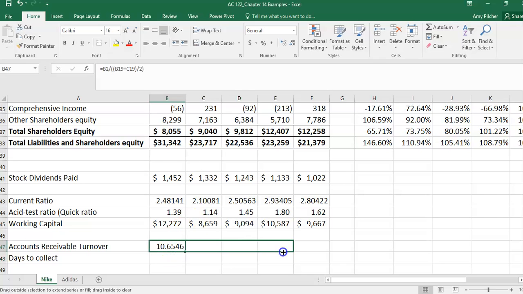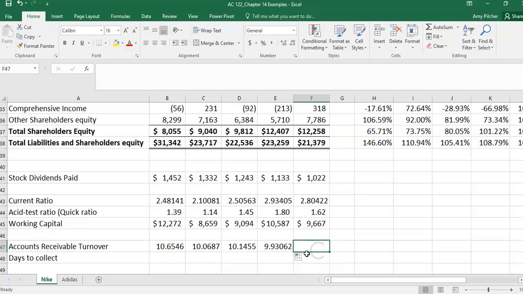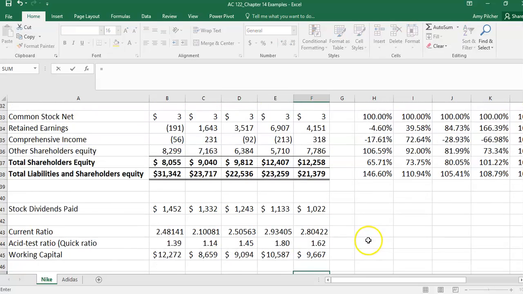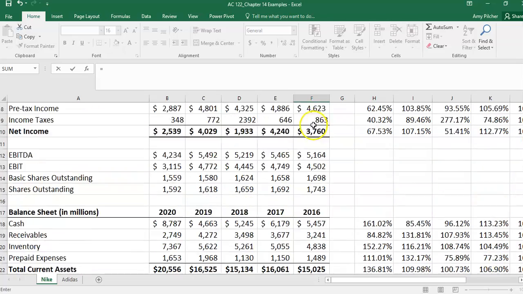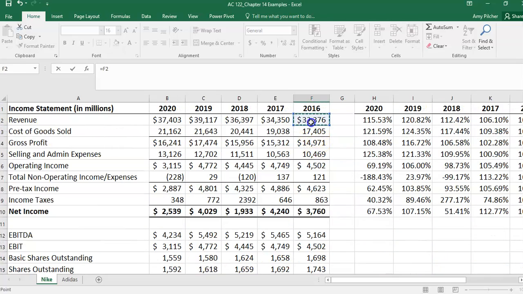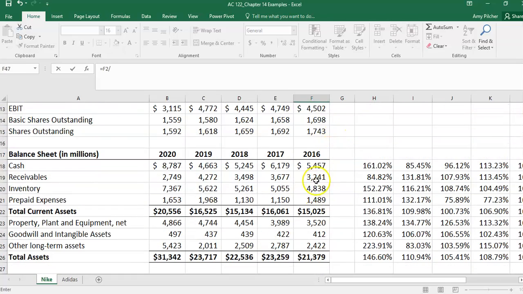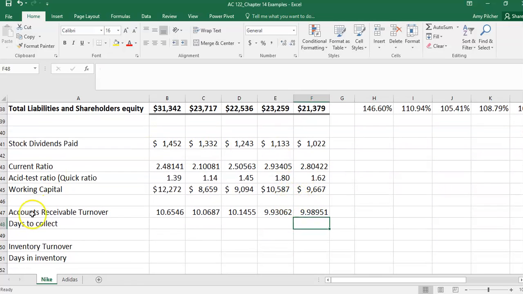And we're going to take that over. We do not have 2015's information that we would need to do that. So for 2016, we're just going to take the sales divided by accounts receivable. For days to collect, we take 365 days in a year divided by the accounts receivable turnover.